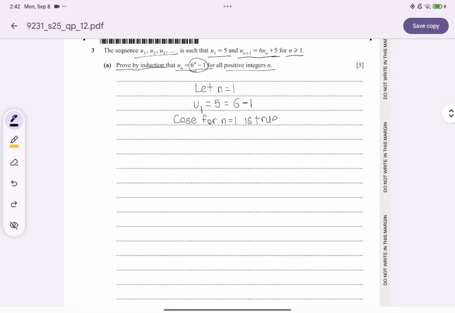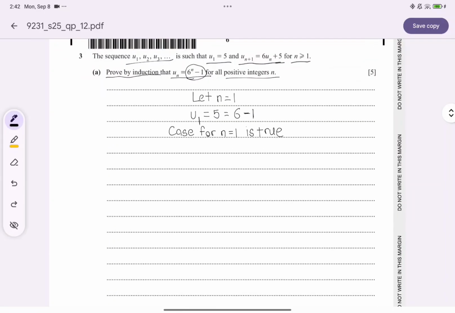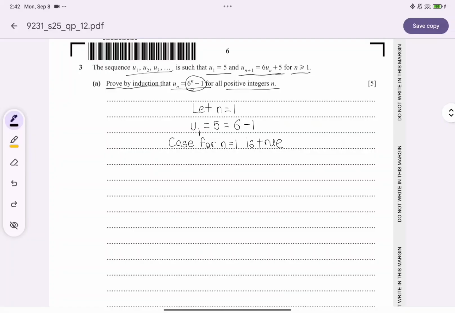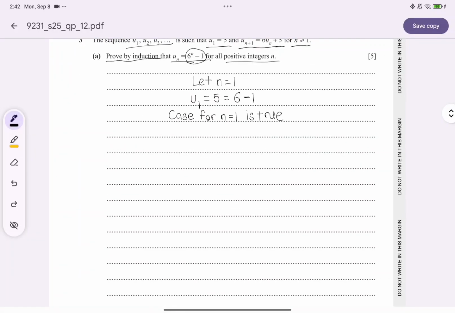So the first step is to show that your initial n value, the starting n value, the case is true. It may not be n equals to 1, it could be n equals to 2. So read the question carefully.